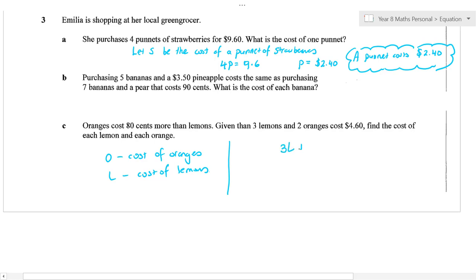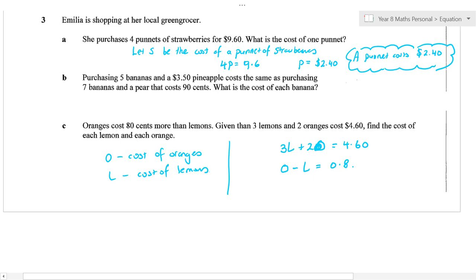So 3L plus 2O, that looks like a 20, but anyway, it's an O, is equal to $4.60. And oranges cost 80 cents more. So if I subtract lemons from oranges, then that's going to give me 80 cents.